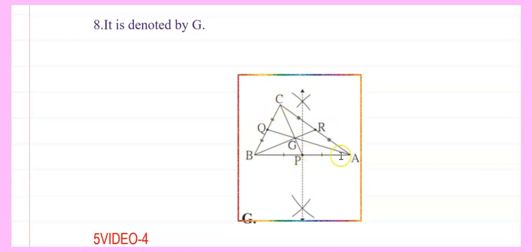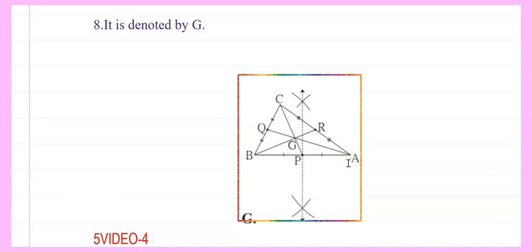In a similar way, find the midpoint of CA, which is the point R, then join BR. Also find the midpoint of BC, that is the point Q, and join QA. AQ is the median from the vertex A on the side BC. All these medians intersect at a point G. That point is called the centroid of the triangle.